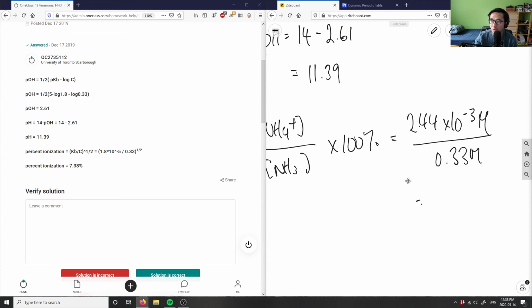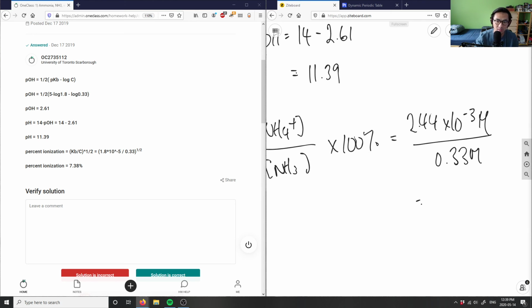give me a second here. So again, it's the ammonium divided by the ammonia. Let me see if they got the solution incorrect here, or if I did.